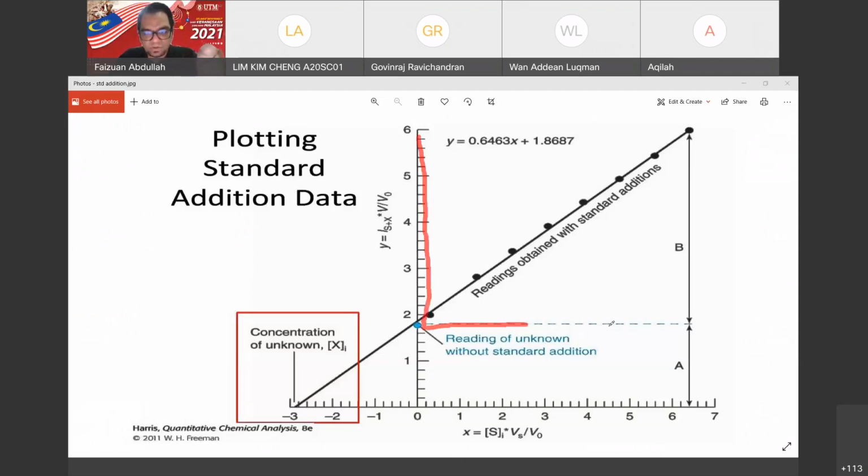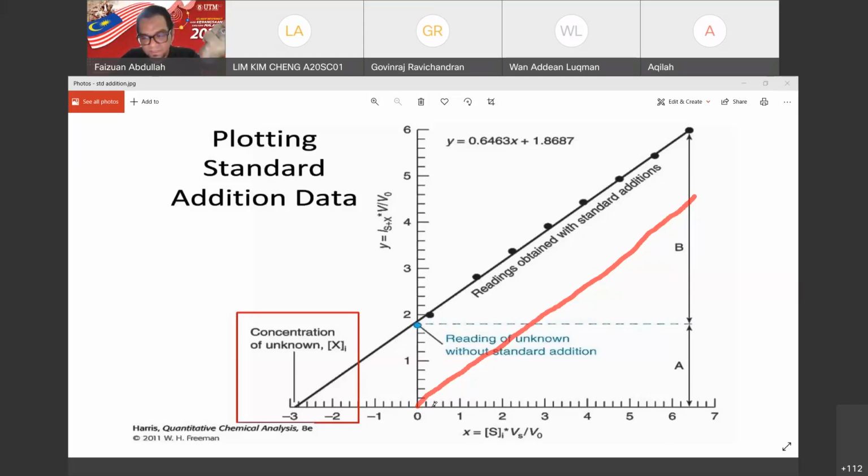You have the normal calibration plot, but it does not start from 0. Why did we previously get 0? Because in our distilled or deionized water, there is no analyte. But now we have some analyte from the X amount that gives some absorbance in the AAS.